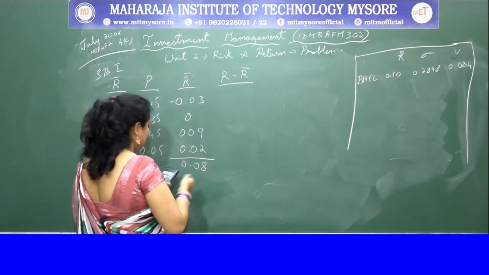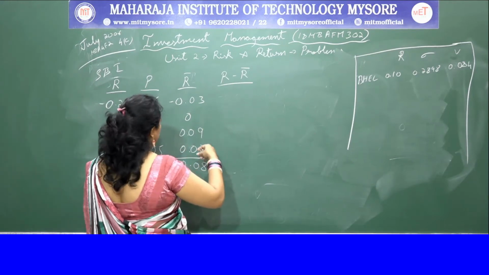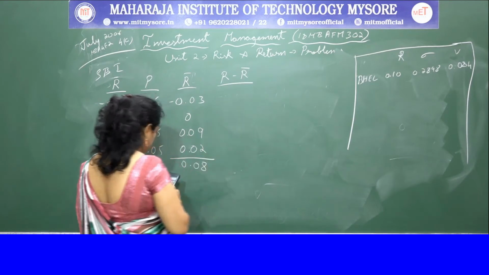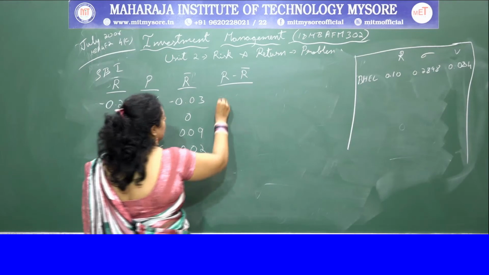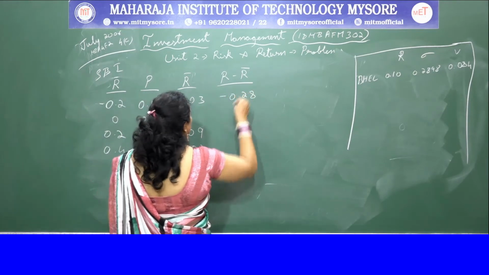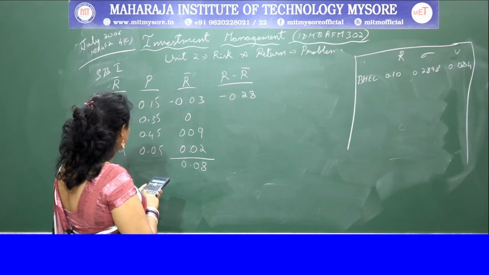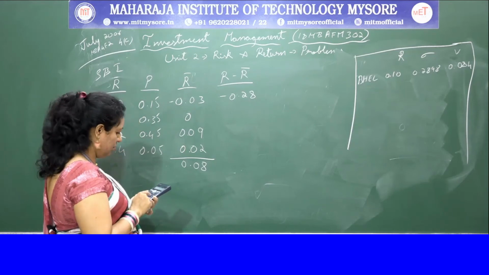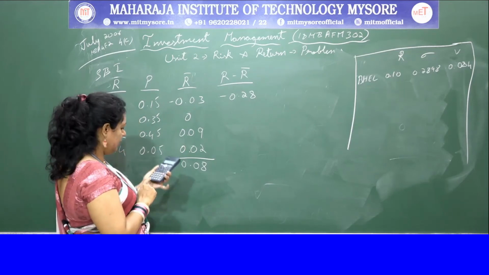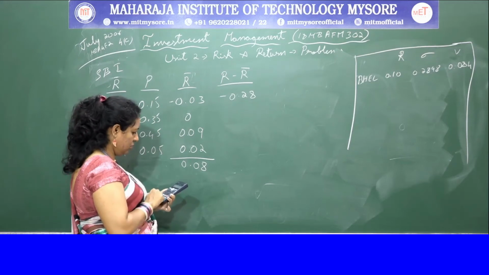Again, we'll do the calculation of this where we do R minus R bar. Okay, R minus R bar, you just calculate your values. I'll just write this. So here the first answer is minus 0.28. Then you have R is this plus 0.08.